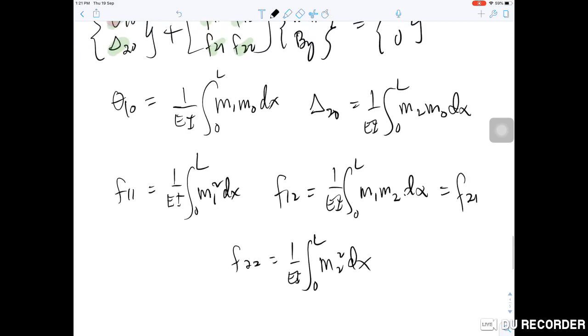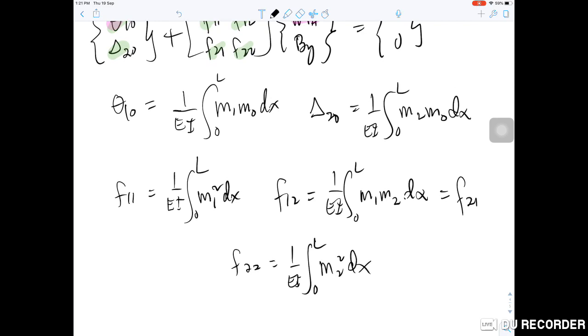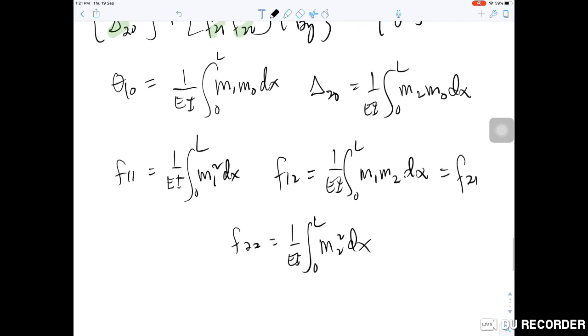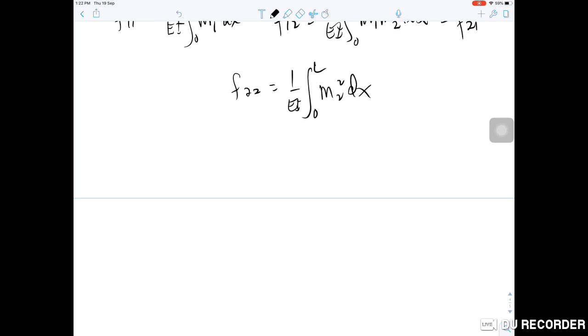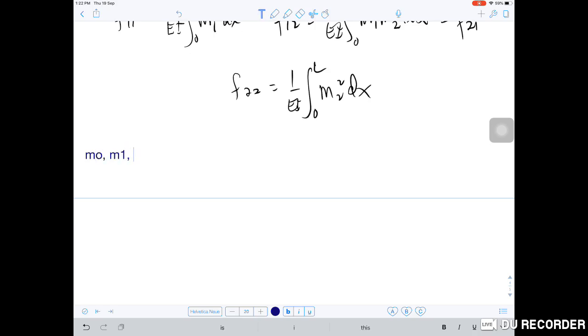Okay, this is the formula. We get these M0, M1, M2.